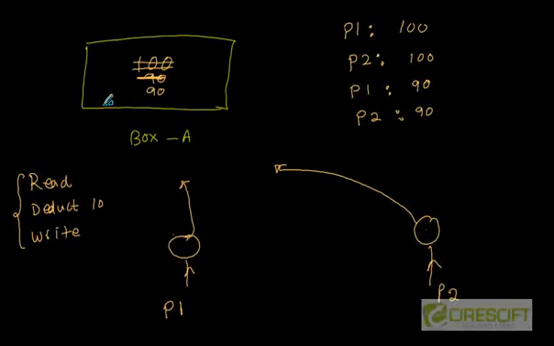So we say there are two deductions, one by P1 and another by P2, but actually it looks like only one deduction happened and the second deduction is just overwritten. Whoever writes first, his update is gone, because eventually the other person comes and overrides it.